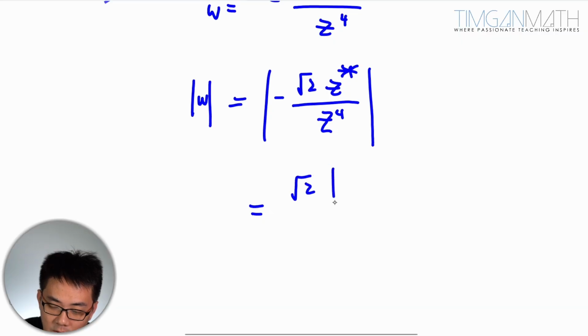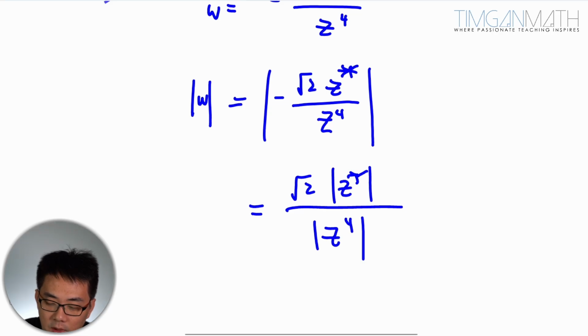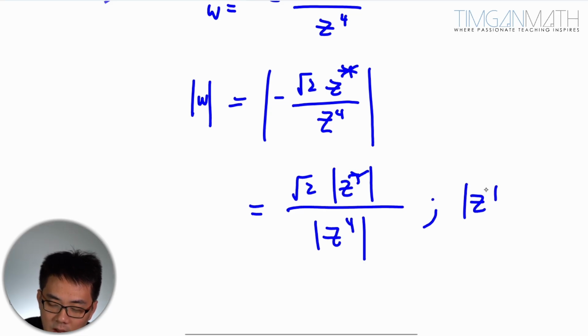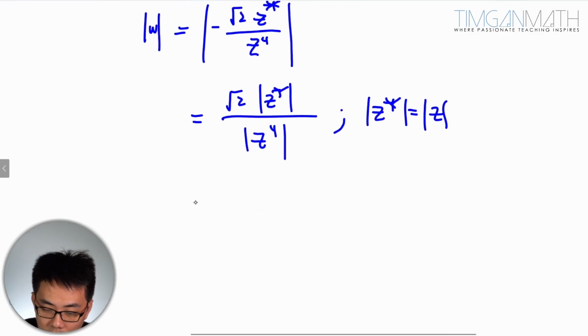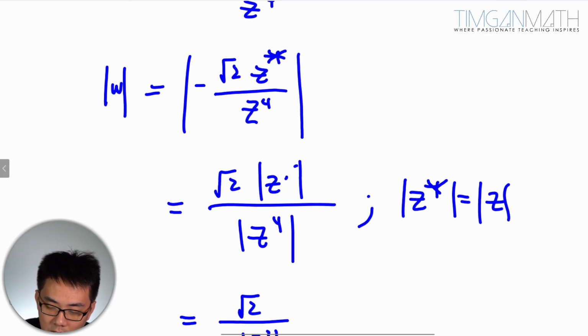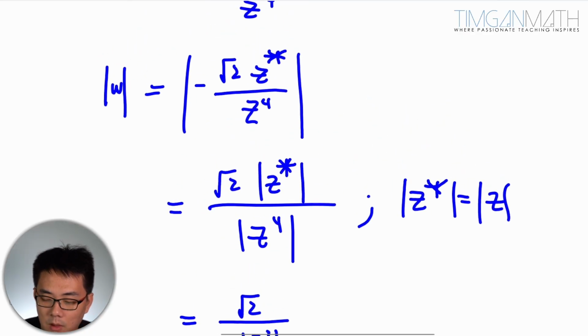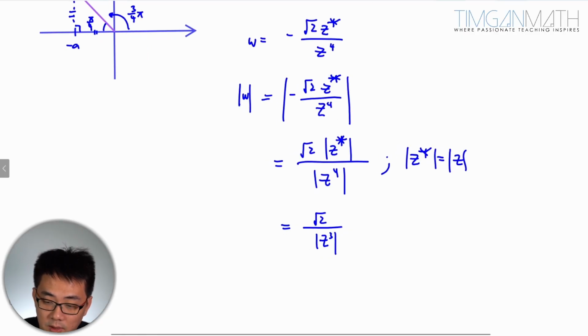So this is root 2. Modulus of z conjugate is still modulus of z. This is modulus of z to the power 4. So these two can cancel because modulus of z conjugate is equal to modulus of z. So this will be root 2 over mod z to the power 3. Just take note now. Modulus conjugate, so these two can cancel away, left with a 3 below.